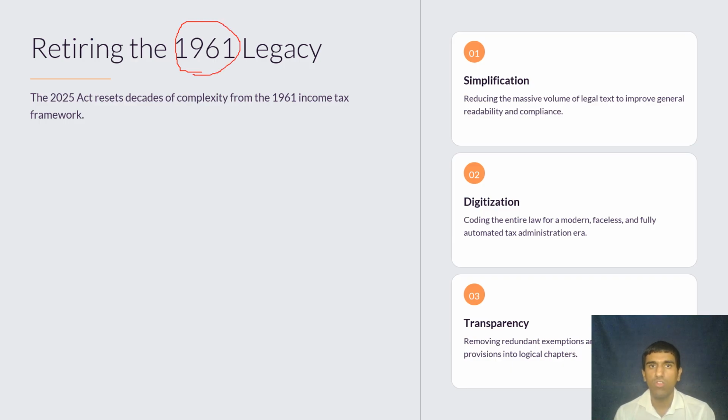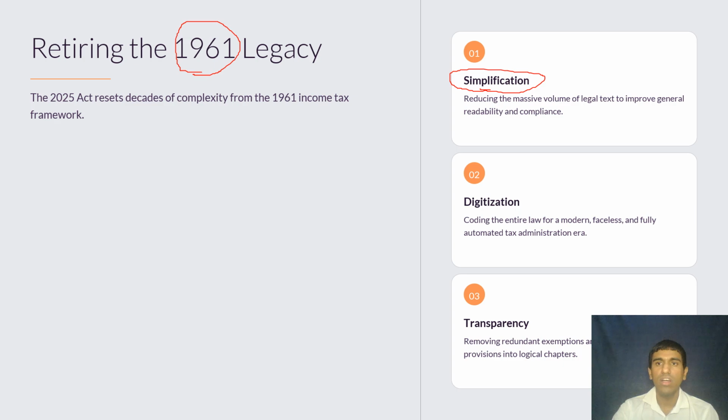1961. So what has this act done is, the 1961 Income Tax Act was known to be very complicated, like too many provisions, too many legal citations and so on, and extremely complicated language. So the government in the new act has simplified the text of the act and reduced the massive volume of legal text.